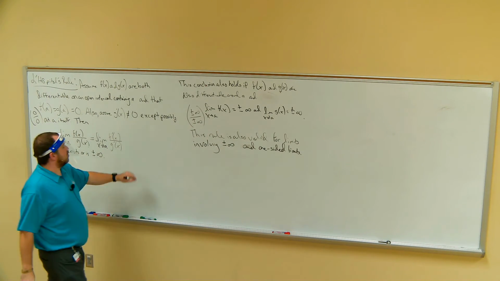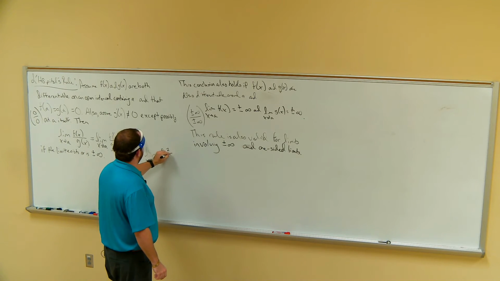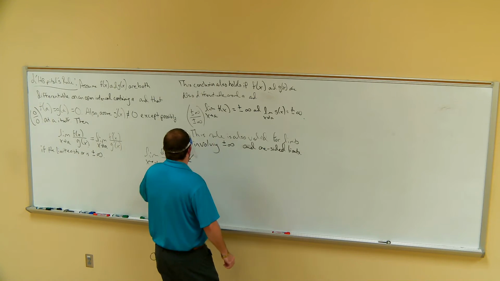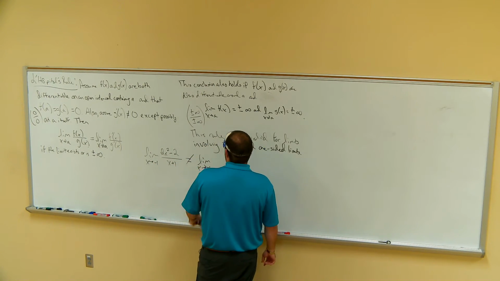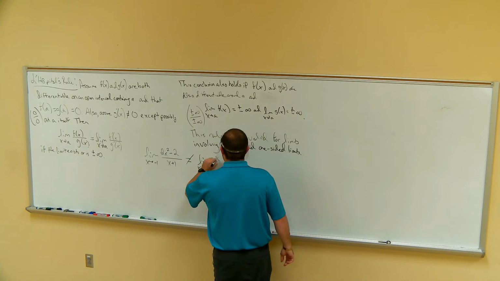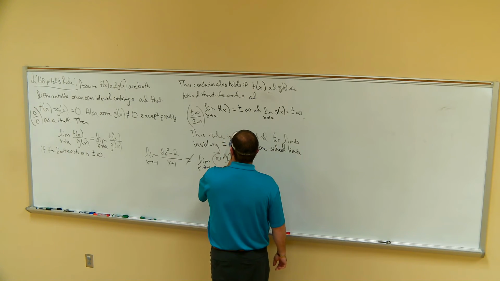So if we go back to the one we just did, the limit as x approaches -1 of 2x squared minus 2 over x plus 1, it is not saying it's the limit of whatever the derivative of this whole thing is, x plus 1 times 4x minus and so on.